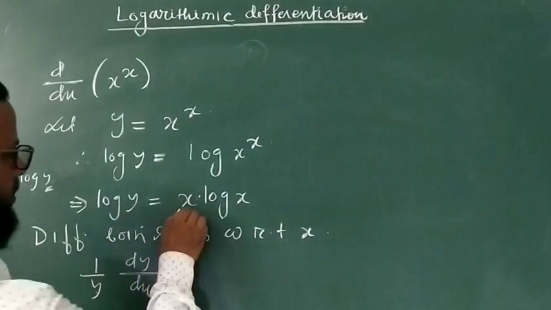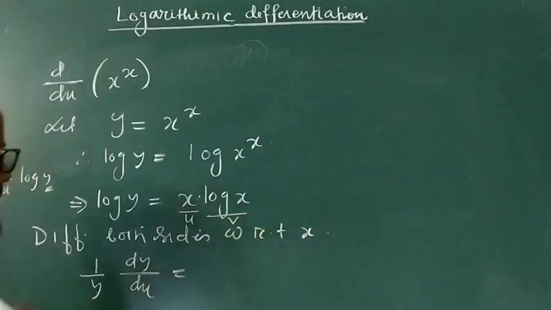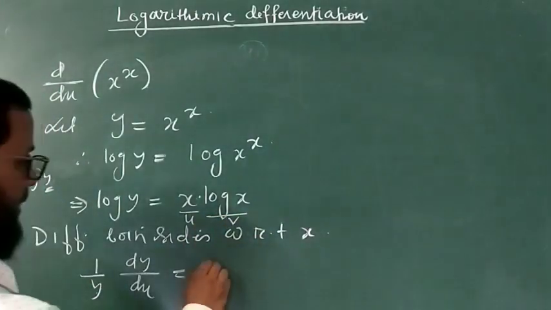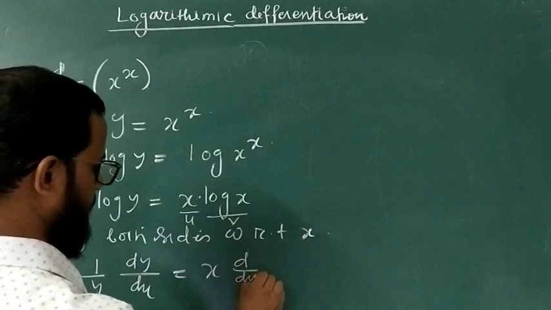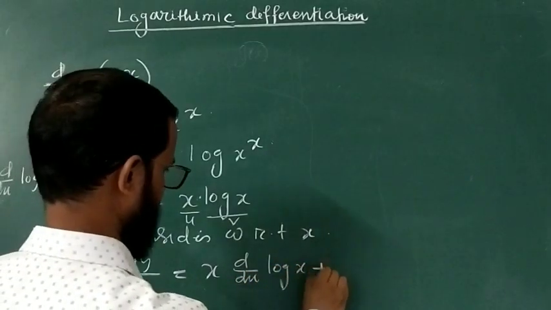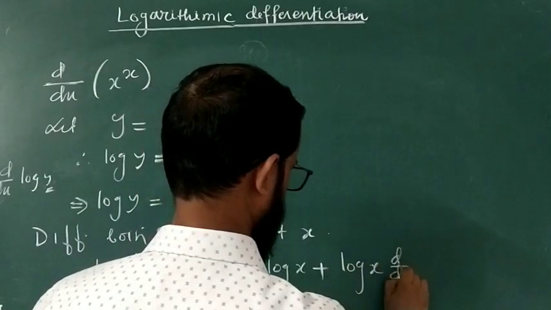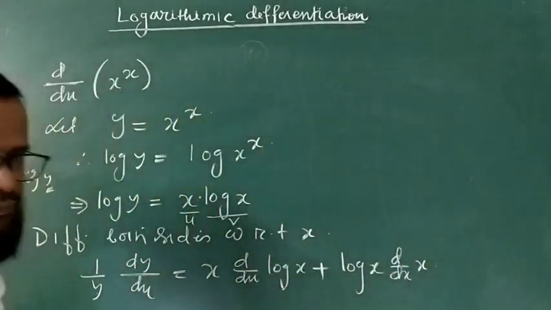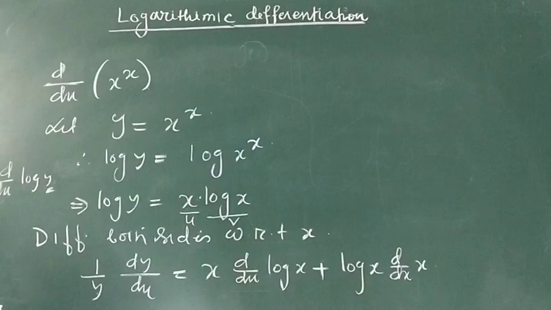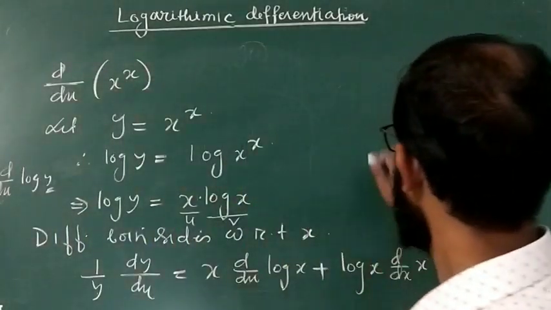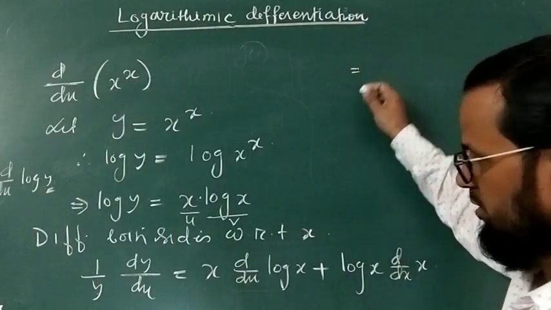And this one is u and this is v. So use the product rule: x into d/dx of log x plus log x into d/dx of x.